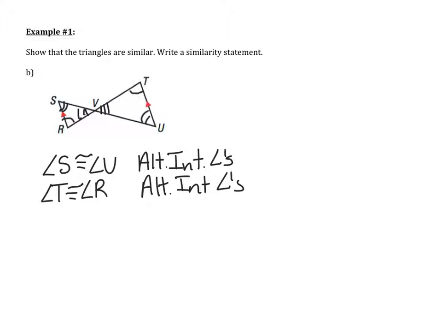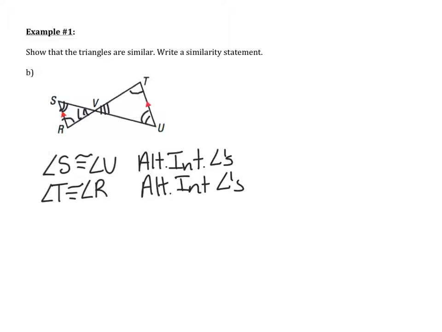And again, I could go even further and say that angle TVU and angle RVS are congruent because of vertical angles. And we also have that theorem from way back when that's called the third angles theorem that states if you know that two angles are congruent in a triangle, then the third angle is also going to be congruent. But again, for similarity, we only need to show two pairs of angles are congruent.